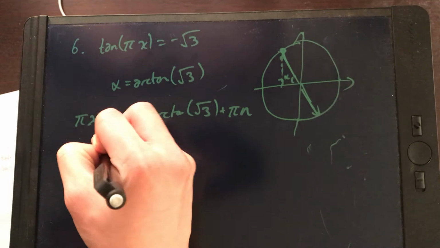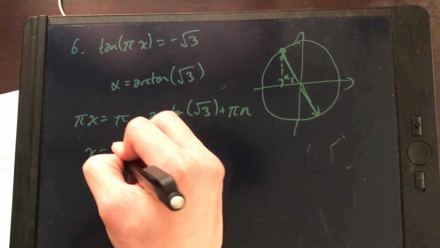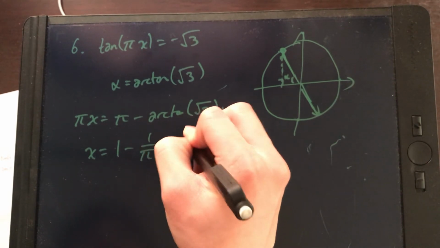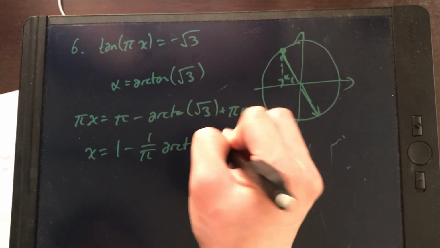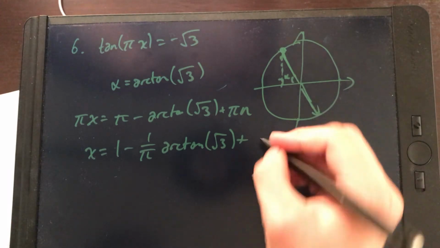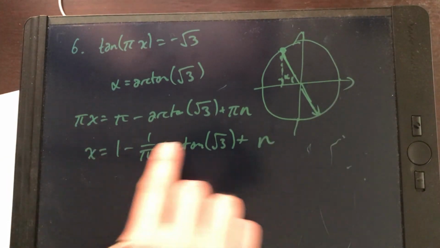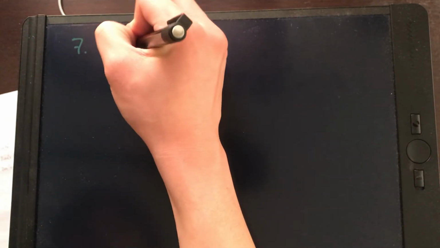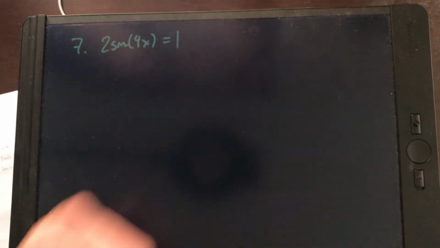We're almost done now. We divide by pi on both sides, and we have 1 minus 1 over pi inverse tangent square root 3 plus n, because pi n divided by pi is just n, where n is an integer. Next one, we're going a little bit faster now. 7, we have 2 sine 4x equals 1.